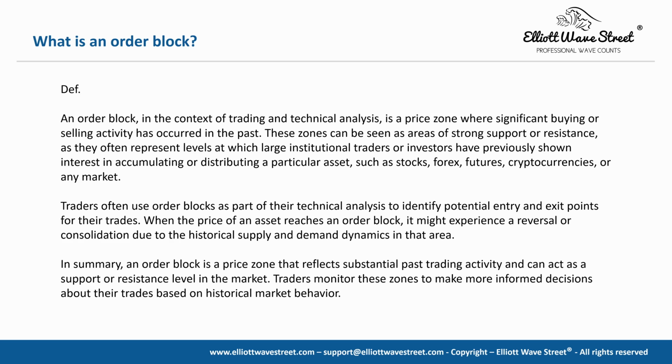Now let's talk about the order blocks. An order block, traders, is an area, is the value area, is the point of control most of the times, because the institutional traders don't trade as we trade.